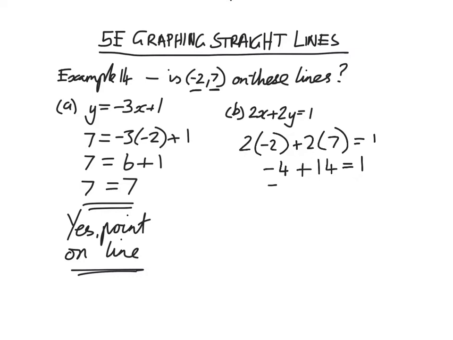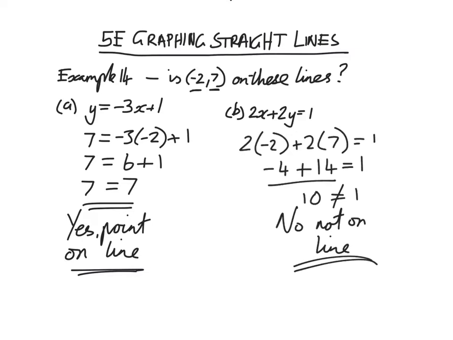If I simplify this side, I get 10. Minus 4 plus 14 is 10. 10 equal 1? I don't think so. So I'm going to put a line through there. And we know that no, not on line. Okay? So that particular point, minus 2, 7, is not on this particular line that equation represents.